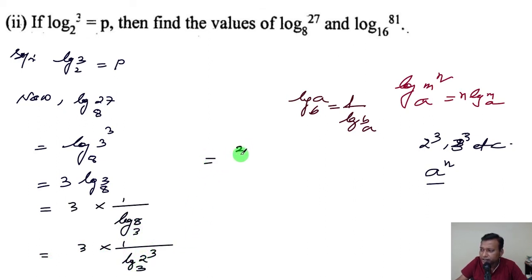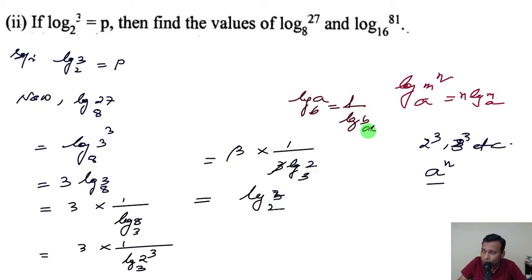Further we can write 3 into 1 by 3 log 2 to the base 3. 3 cancels. Now comes log 2 to the base 3, then if it is 1 by log b to the base a, we can write log a to the base b. Here it is log 2 to the base 3, so I have written log 3 to the base 2. And log 3 to the base 2 value is p. So here our answer is p.